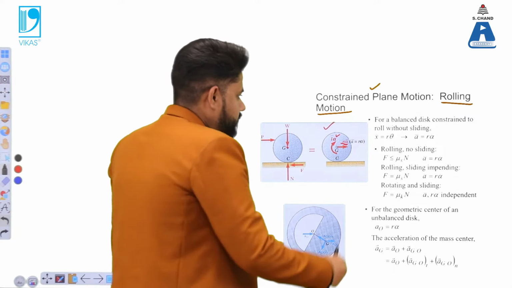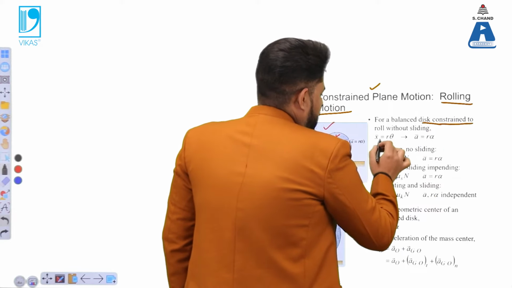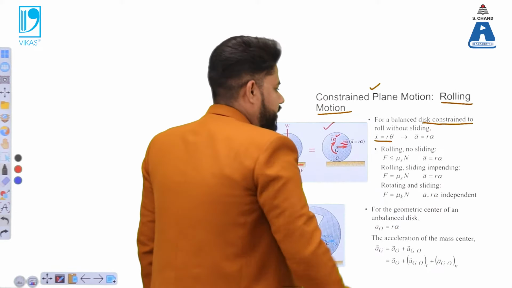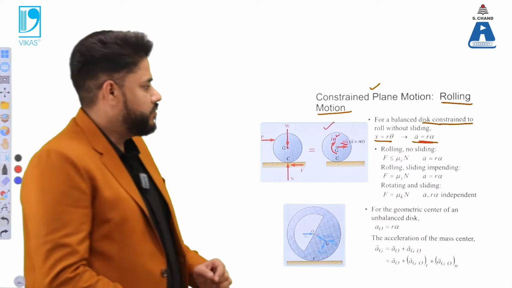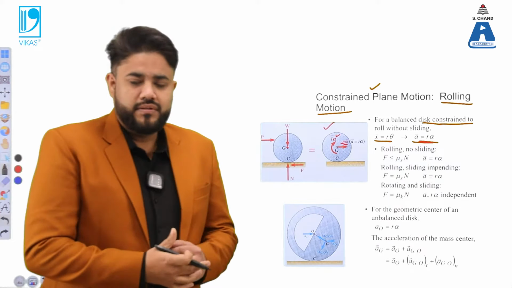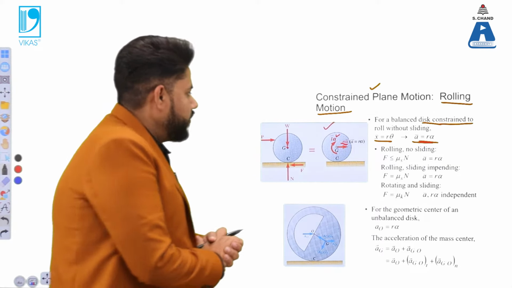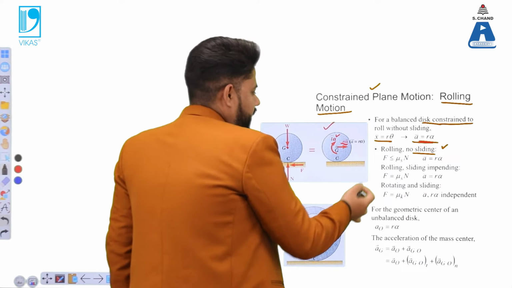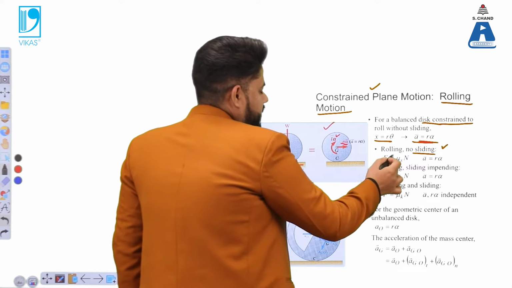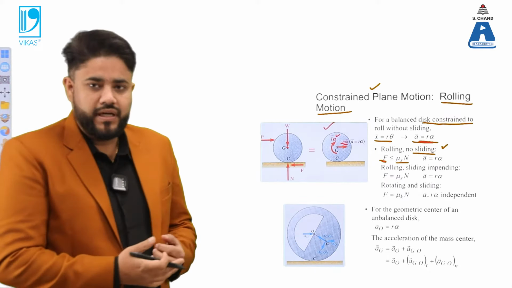This also moves in the same direction. So for the balanced condition, x equals r theta, or you can say the acceleration equals r times the angular acceleration. For the case of rolling friction where there is no sliding, the force F is less than or equal to mu times N, where N is the reaction force.